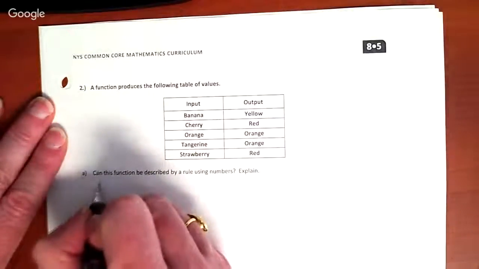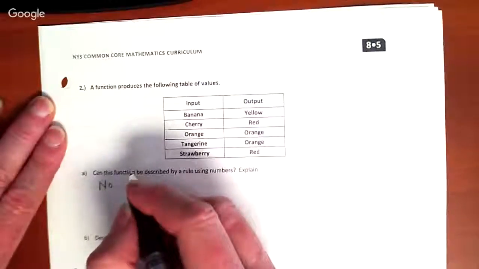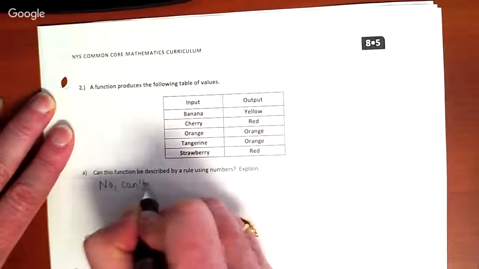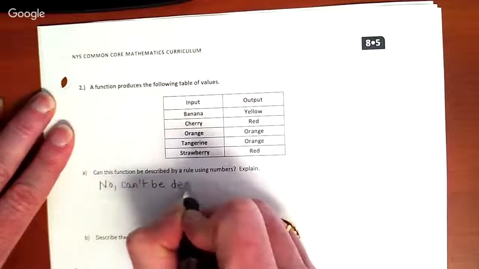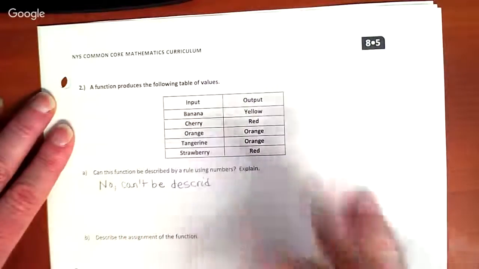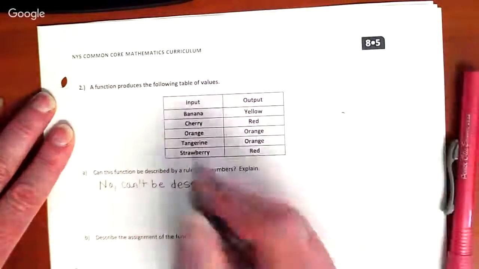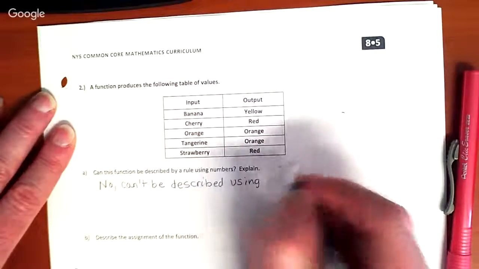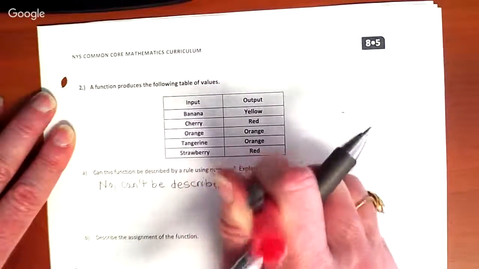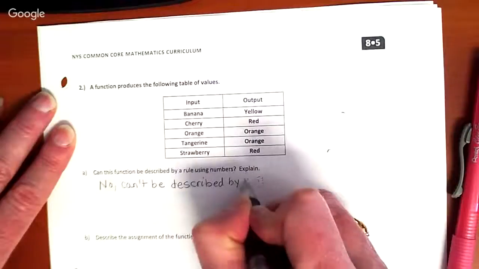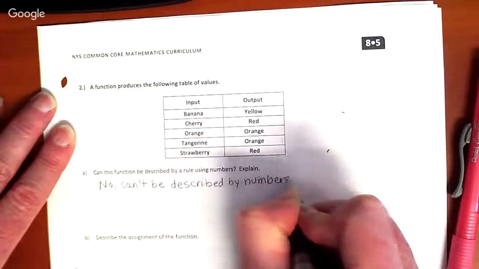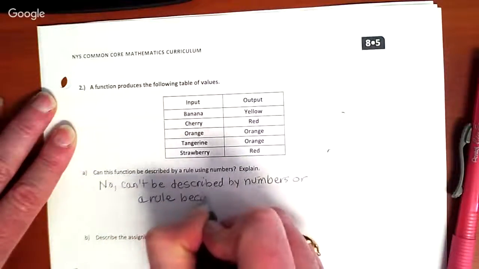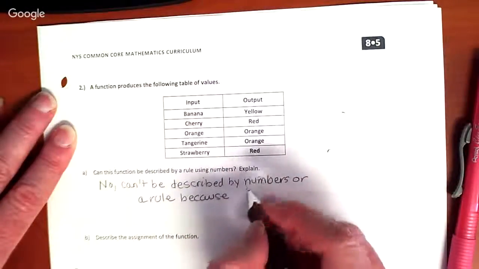The answer is no. Can't be described by a rule, because they are objects.